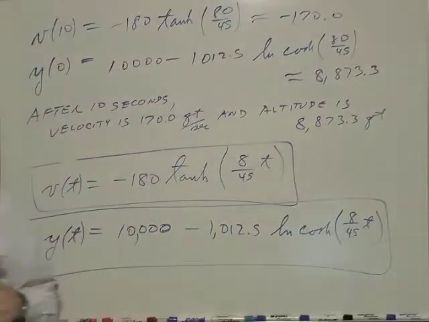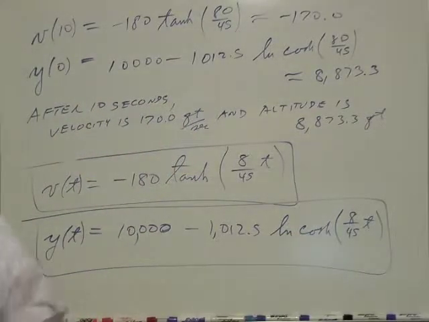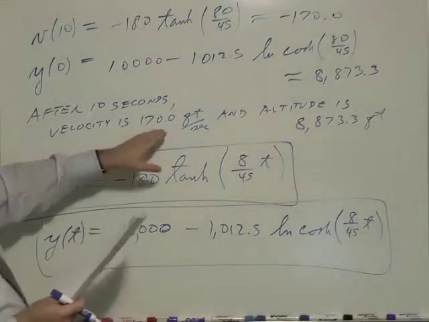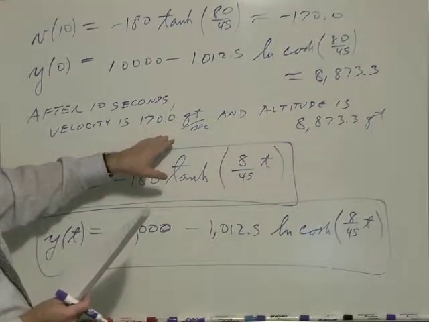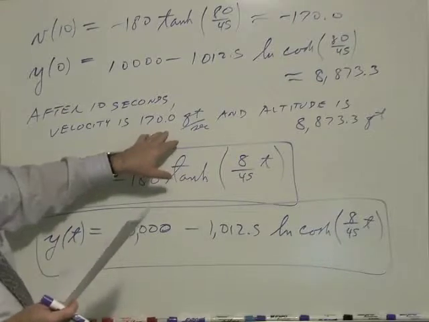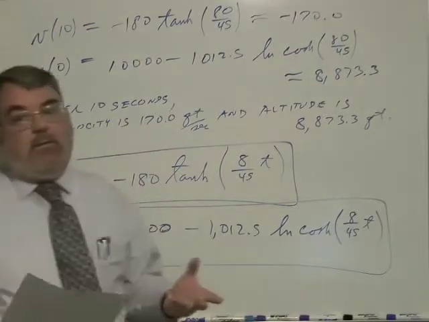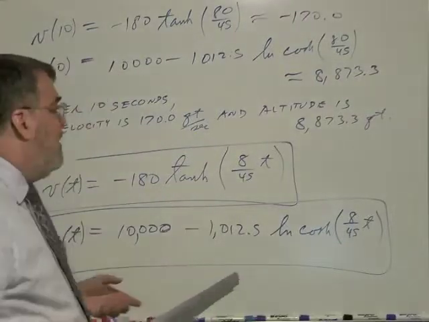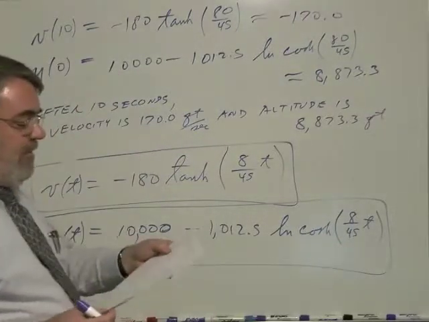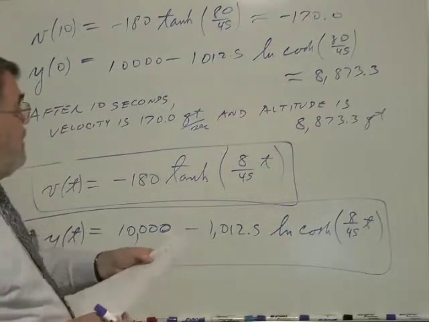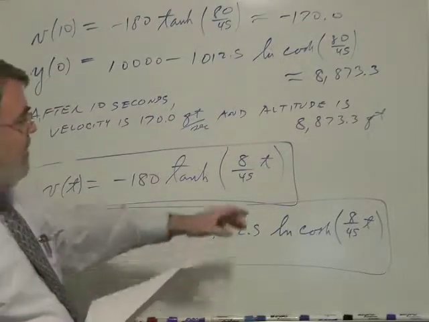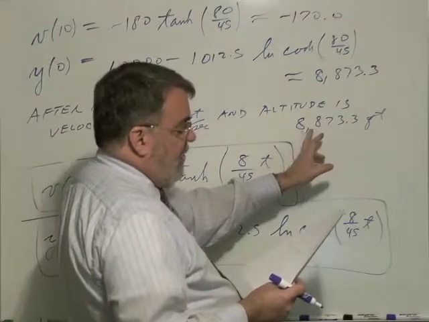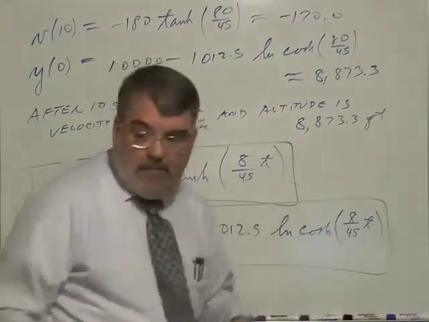All right, now let's compare. The other model, I wrote the numbers down, and after 10 seconds in the other model, the velocity was 149.6. And so in this model, square the velocity, looks like we're going to reach the terminal velocity quite a bit faster, and we're falling faster because in the other model, the position altitude was 9,041.4.